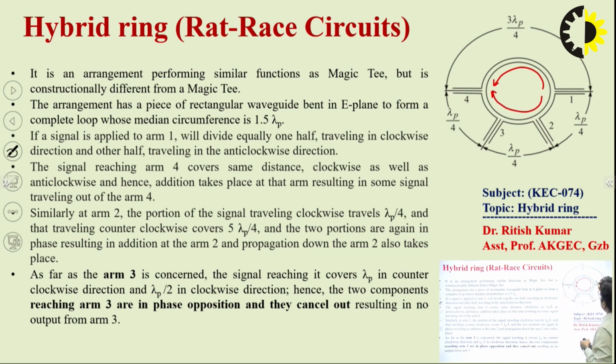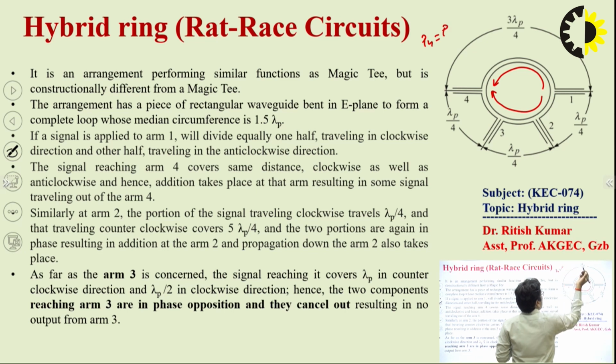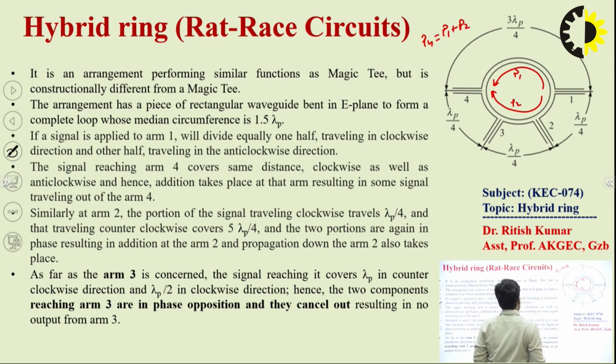The total path traveled by the signal is 3 lambda p by 4, and for the other again 3 lambda p by 4. The same path is traveled in both directions, so we will have the power in the same phase. So again we will get the power at port number 4 as the sum. Suppose this one is P1 and this one is P2, then P1 plus P2.